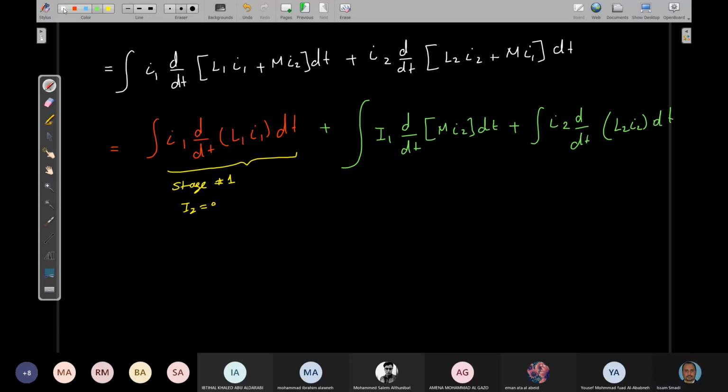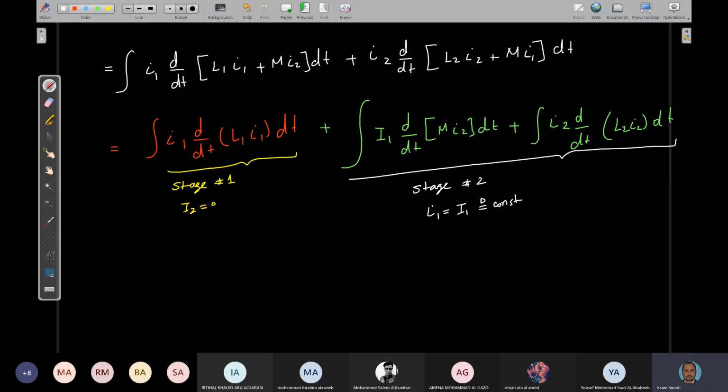And this term here is due to stage number 2, which means that now I1 is equal to I1 capital, and this one is constant. And I'm evaluating as I2 is changing from 0 to its final value.